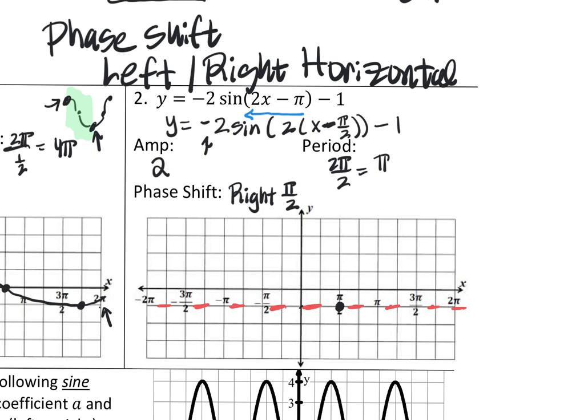So remember, sine normally goes a hump and a hump, but because it's negative, I got to do the down part first, the bottom piece, and then the top piece, okay? But that is one cycle. So that means at pi, I'm going to be at the end and starting over. But I got to go right pi over 2.